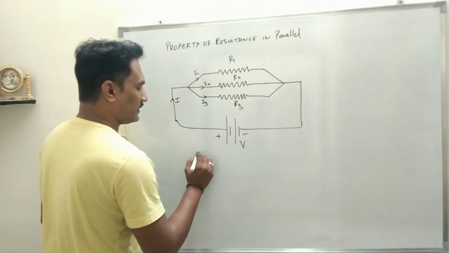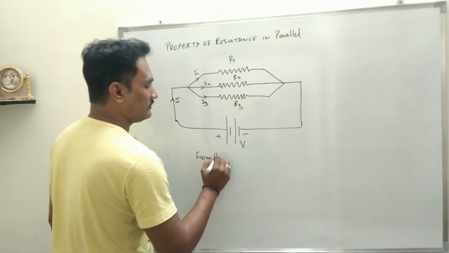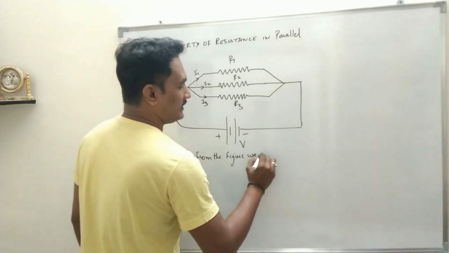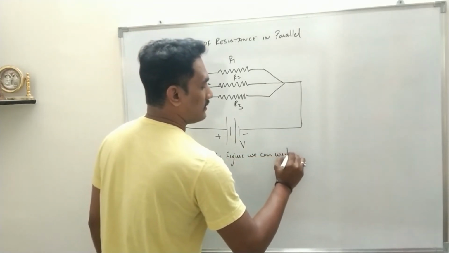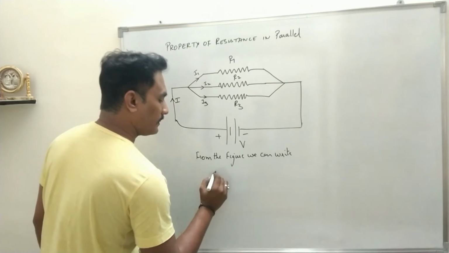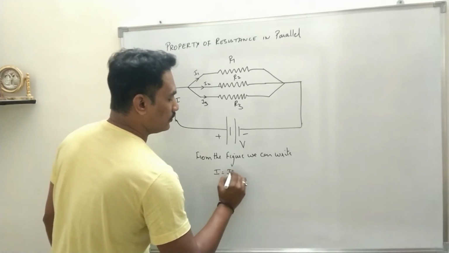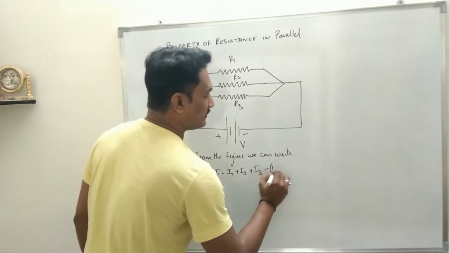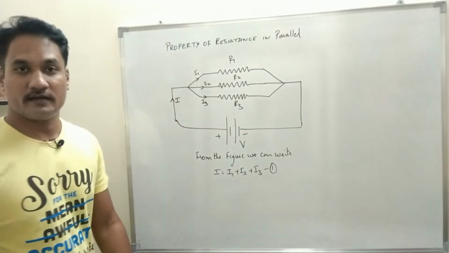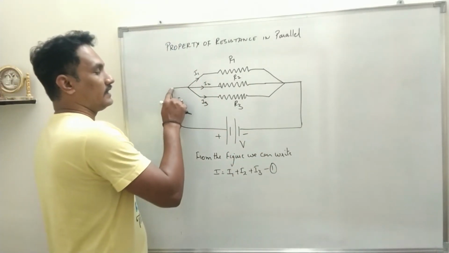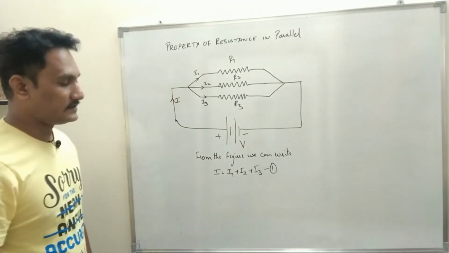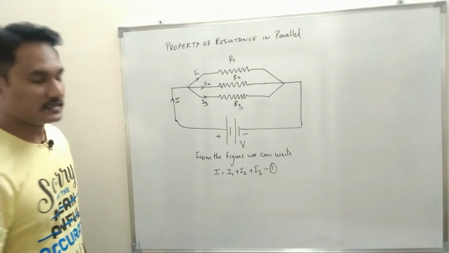Now from the figure, we can write I is equal to I1 plus I2 plus I3. Let this be equation number 1. This current I is equal to the total current which is flowing in the circuit.